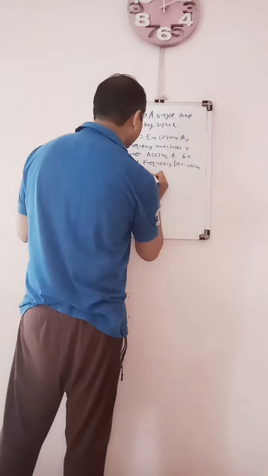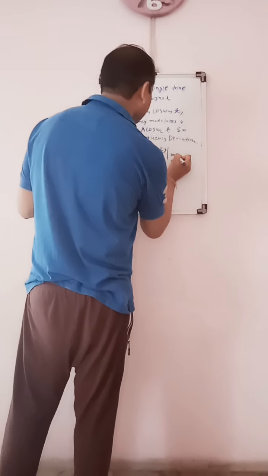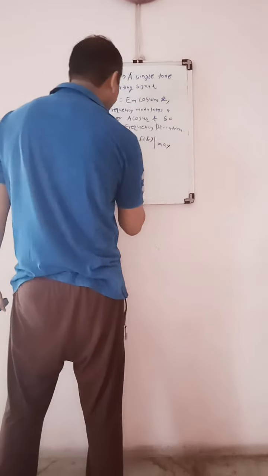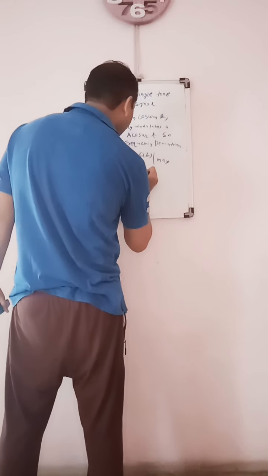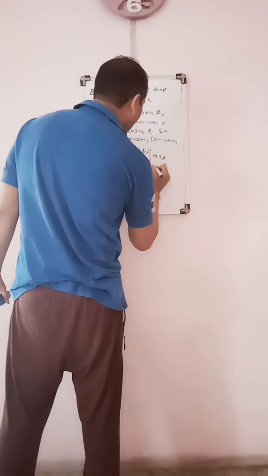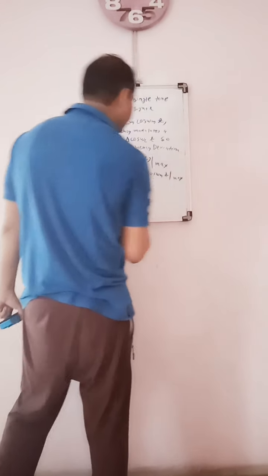So how do we calculate it? We know that the value of delta omega is equal to the mod of kf f(t), or g(t), maximum, right? So first of all we write kf Em cos omega m t.